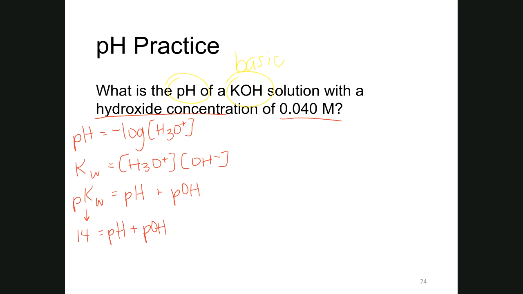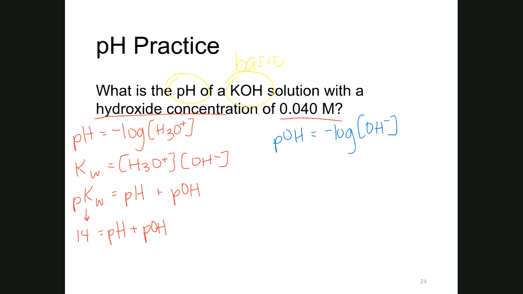So what I can do here is solve for pOH first and then subtract. So recall, P just means negative log. So pOH means the negative log of hydroxide as opposed to hydronium, right? pOH is the negative log of OH.